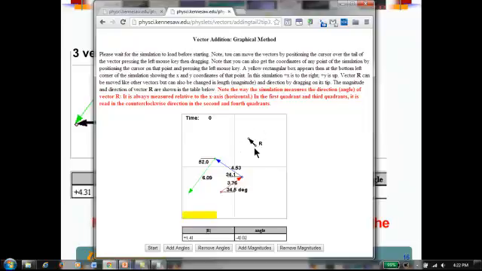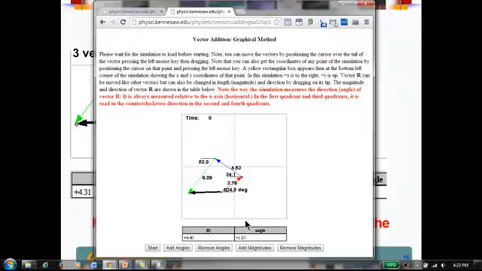Okay, so let's take this R here. We put it here at the tail of the first one, and then we join the tip of the last one. Then in this particular case, it calculates for me my vector sum R. It says that the magnitude is 4.4 and the direction, the angle, is 1.95 degrees.